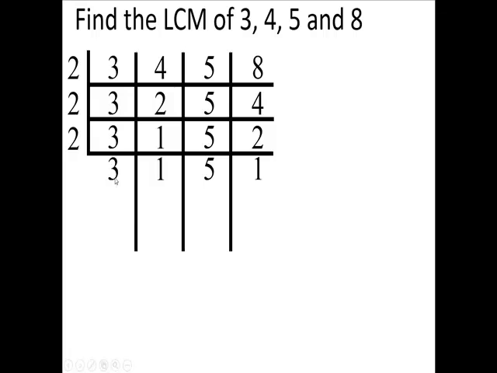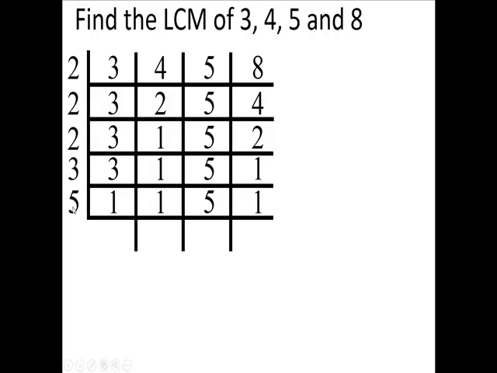So now I have to move up and divide by this one. My next answer here, you're going to divide 3 by 3. You're going to get rid of that, bring the other numbers down, and then I have to get rid of the 5. My last answer is 5, which gets rid of this 5, and bring the other numbers down. Now we're going to multiply our answers. So we have 2, 2, 2, 3, and 5.